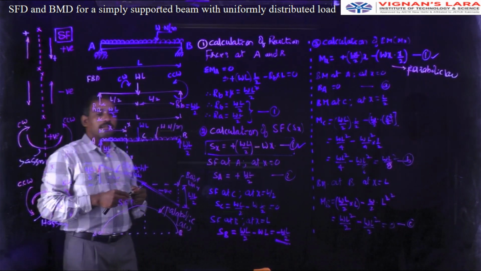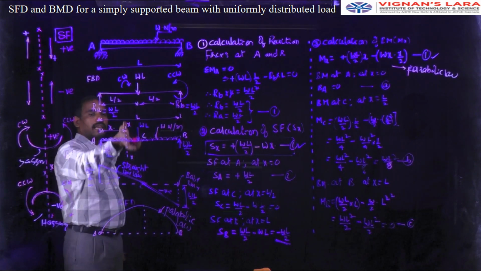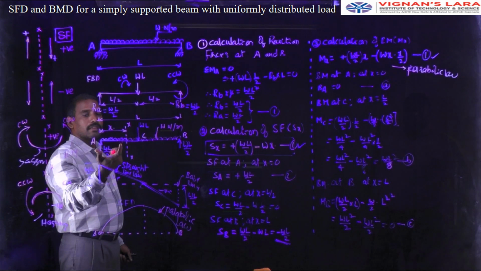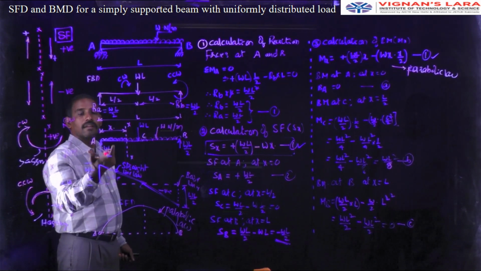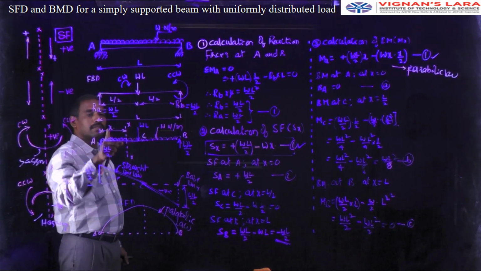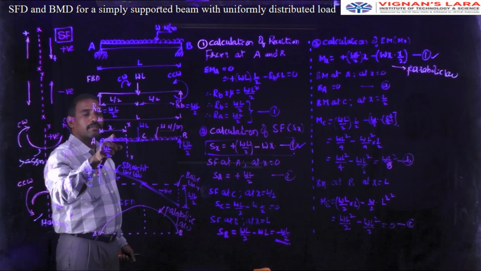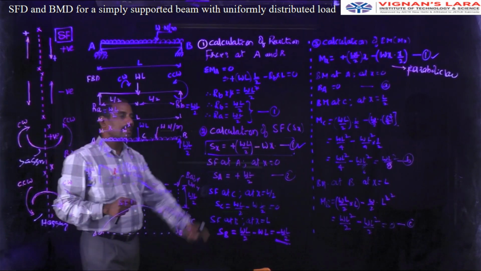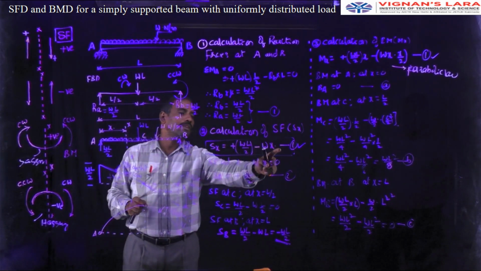Then let us consider any section XX at a distance X from A. The force to the left of the section, upward, is taken as positive, and the uniformly distributed load over a distance X, vertically downward, is taken as negative. That gives shear force equation number 1.